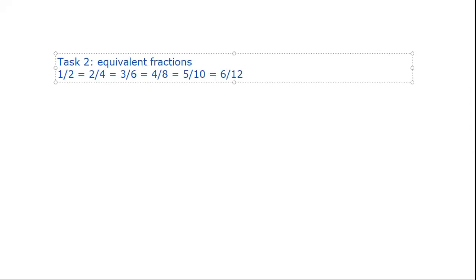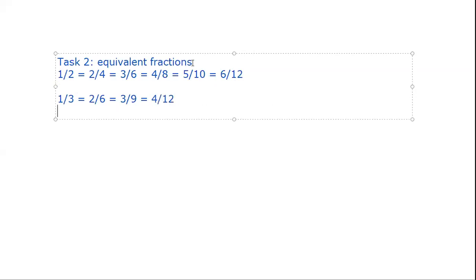And obviously we stop there because when you are making the fractions with the fraction kit, you don't go beyond 12. Now let's look at 1/3. It can be made with 1/6, with 1/9, with 1/12, right?